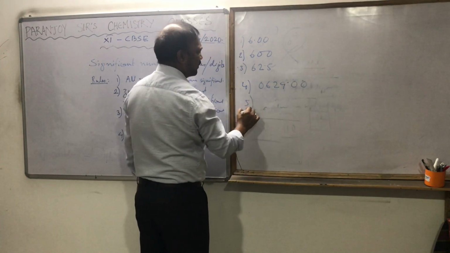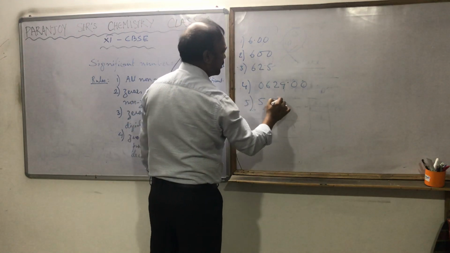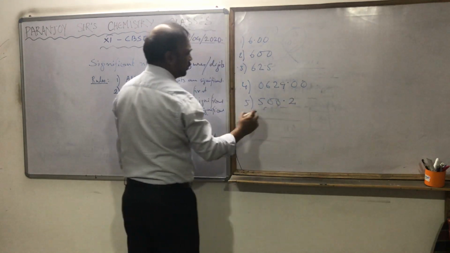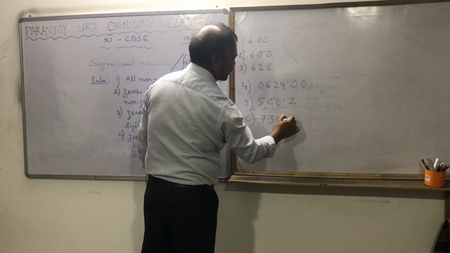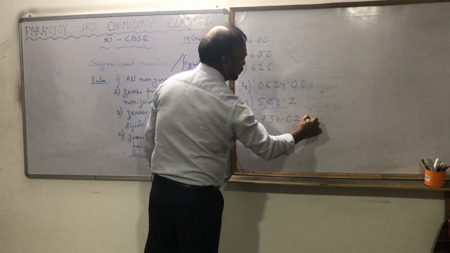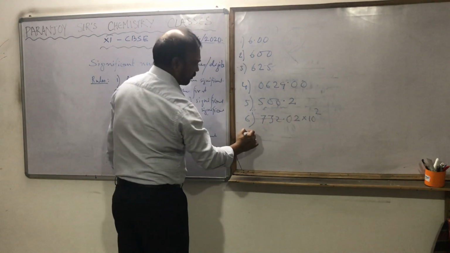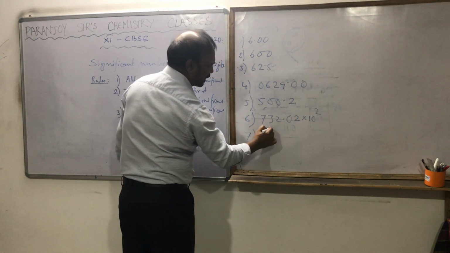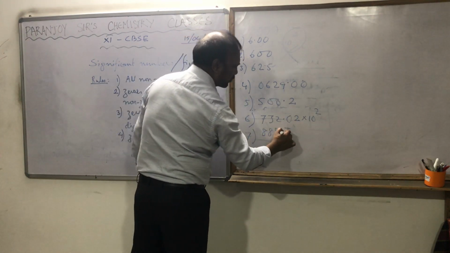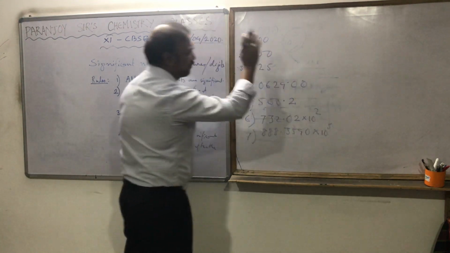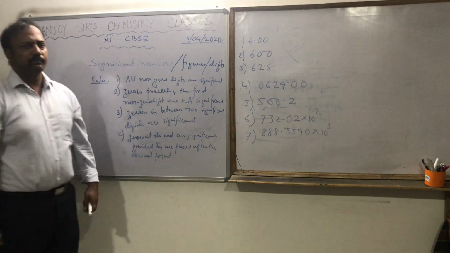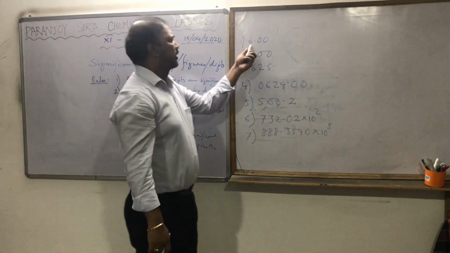Number 5, 500.2. Number 6, 732.02 into 10 to the power 2. Number 7, whatever, I'm just giving it like this, 888.3590 into 10 to the power 5. So can you do this? Okay, let's try. How many significant figures are there?